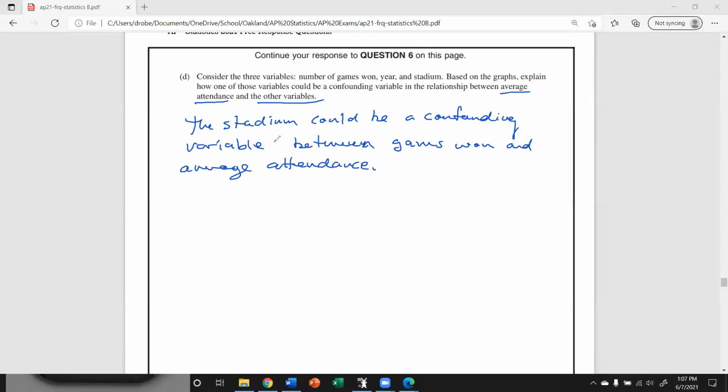And then why? Let's see. Well, how could the stadium affect the games won? And then how could the stadium affect the attendance? Right? Well, it looked like the new stadium was causing the attendance. And it looked like the games won maybe changed also based on the stadium. Right? So there appears to be a strong positive correlation between average attendance and games won, but average attendance also increased when there was, let me just bring this over and you guys can just read it from here.